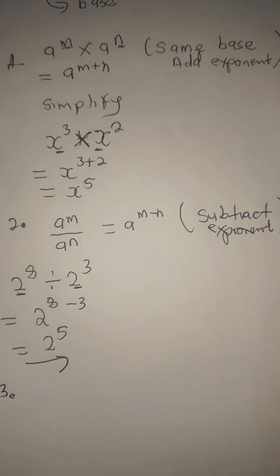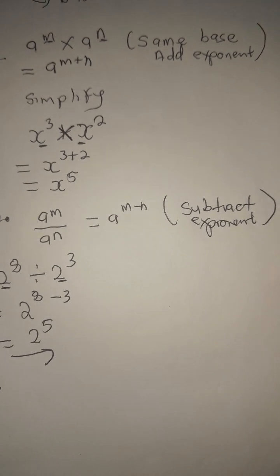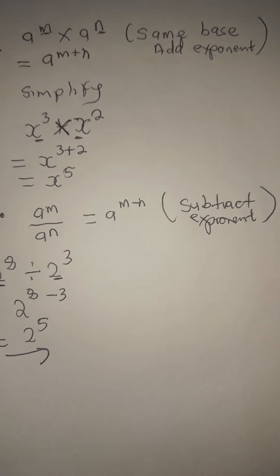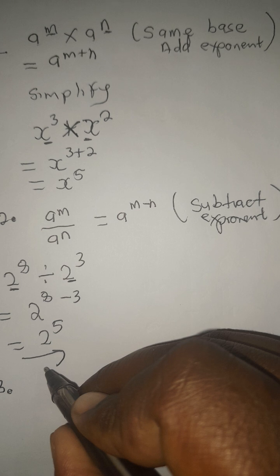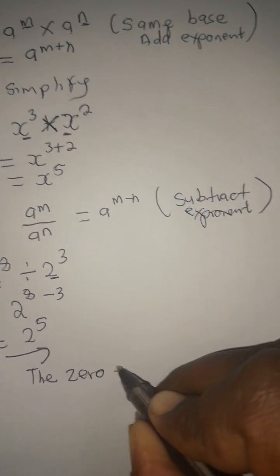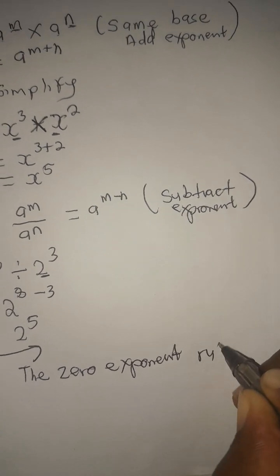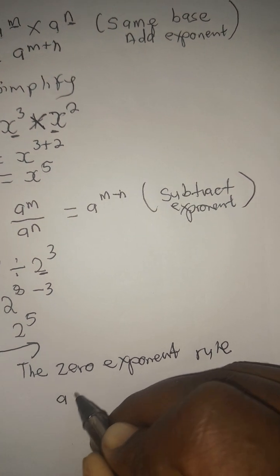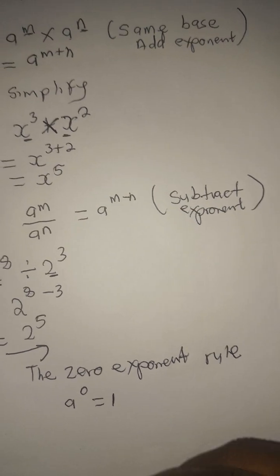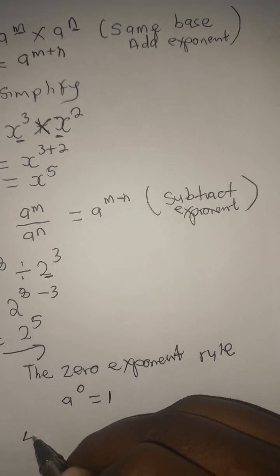The zero exponent rule states that any base that is powered by 0, that base will be 1, right? For example, let's consider they want you to simplify such a problem.